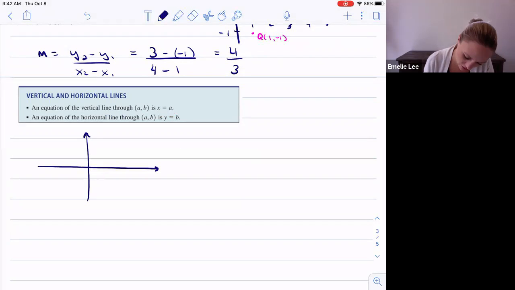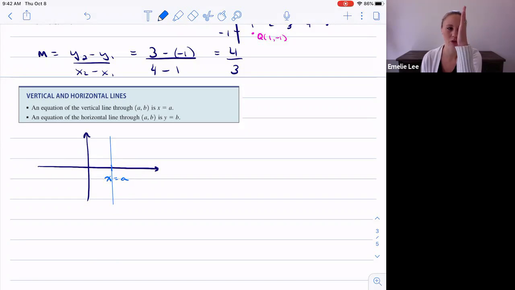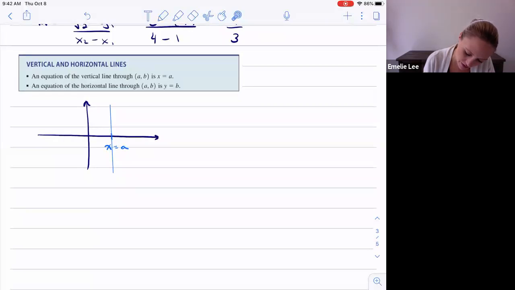Well, it looks like you might have some x equals a, and this is the line running through it. Now just pretend that's straight vertical. So here, it doesn't matter what the y is, x is always just going to be a. So this is a vertical line.